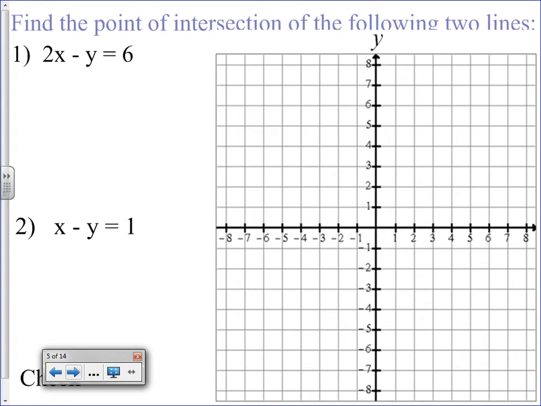Okay, find the point of intersection of the following two lines. Why is this one a little different? What do I have to do first, Val? Why? What am I doing? Yep. So I'm going to bring the 2 over. So what will I write, Val?